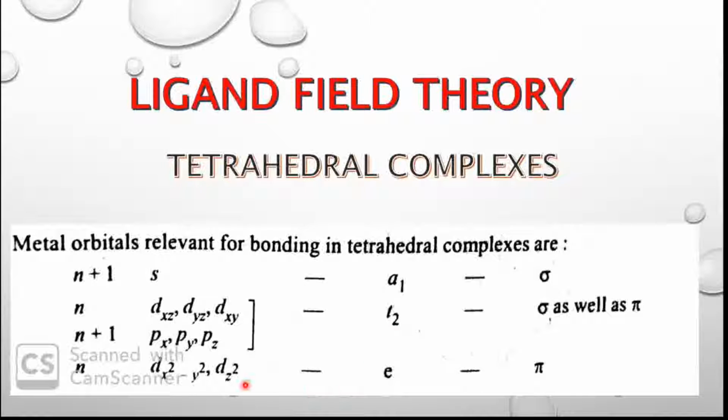And then you will have your p orbitals, px, py and pz. So the d set as well as the p set have the same T2 symmetry. They are triply degenerate, T stands for triply degenerate, and they have the same kind of geometry. Why do they have the same kind of geometry?